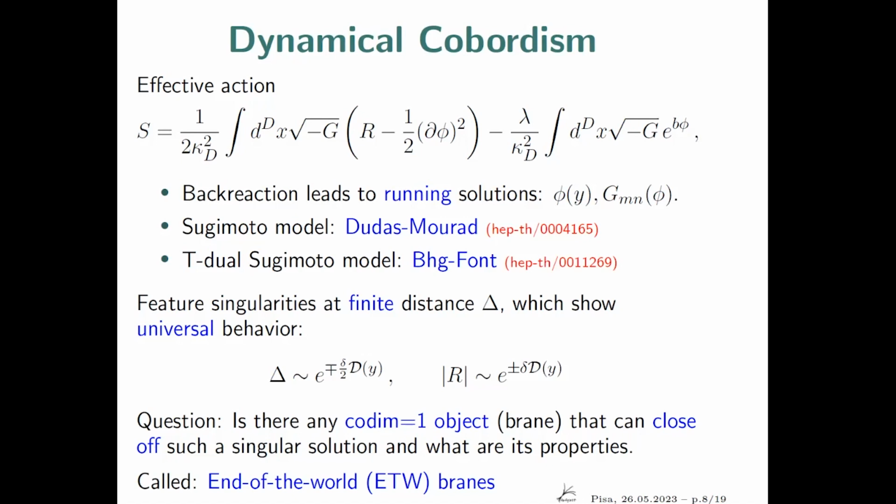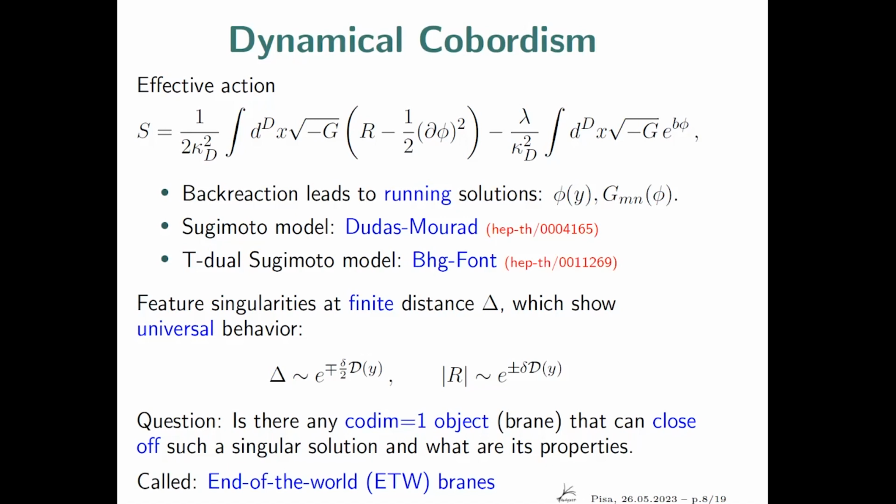So delta is the distance to this singularity, and calligraphic D is just the canonically normalized field phi. So there is a universal scaling behavior. D goes to plus or minus infinity at this end of the world, and then there's a certain scaling of the proper distance delta and of the curvature as you approach these singularities in this way.